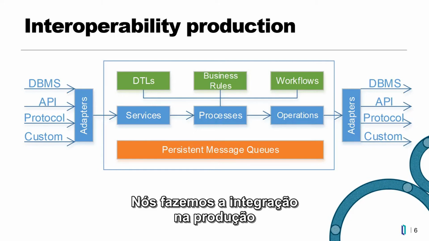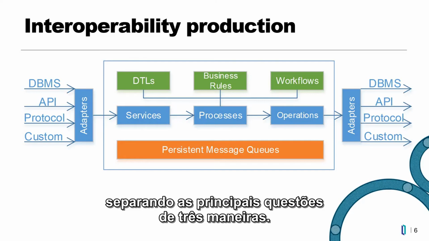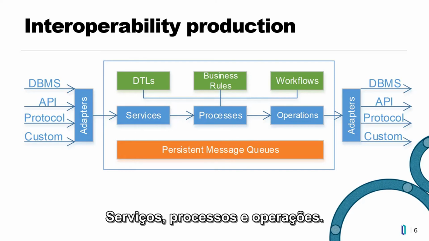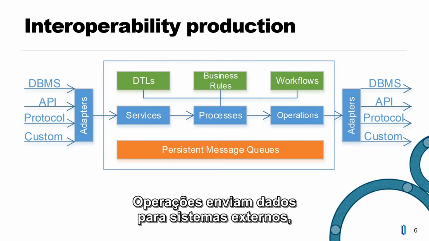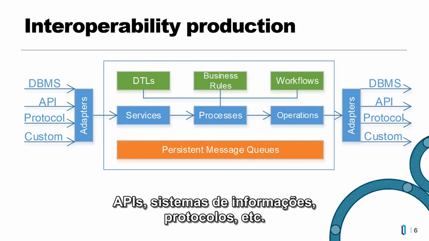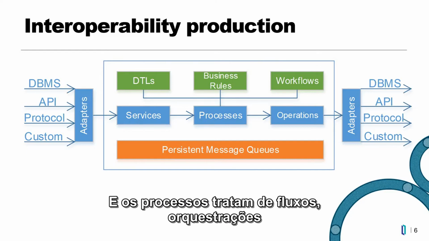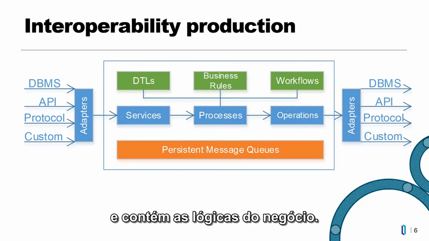We do integration productions by separating the concerns into three ways: services, processes, and operations. Services receive data from external systems. Operations send data to external systems, APIs, information systems, protocols, and so on. And processes do the control flow, orchestration, and contain the business logic.